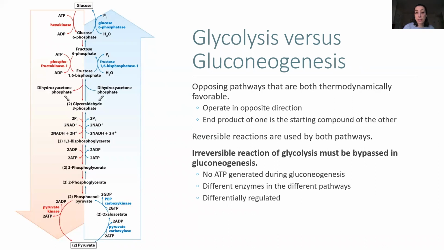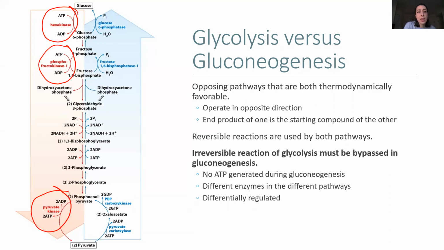There are irreversible steps in glycolysis. If you remember, we focused on three particular enzymes: hexokinase, phosphofructokinase 1, and pyruvate kinase. These are irreversible steps, associated with high energy. And to bypass these steps in gluconeogenesis, different enzymes are used.